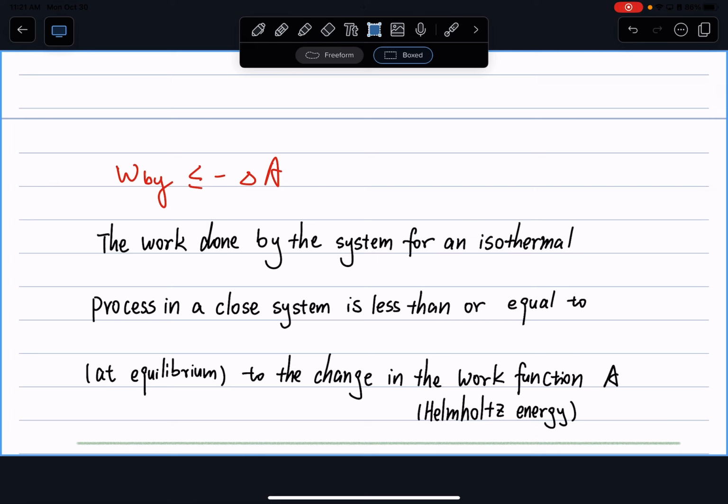It gives you the maximum amount of work your system can do on its surrounding. Now this work includes all forms of work, like PV work or electric work or magnetic work. But it tells you the maximum total work your system can do on the surrounding. That is the physical meaning of your Helmholtz free energy, or work function.